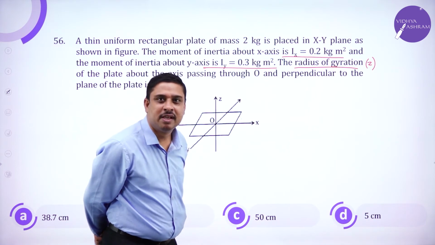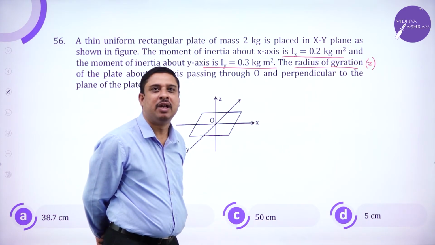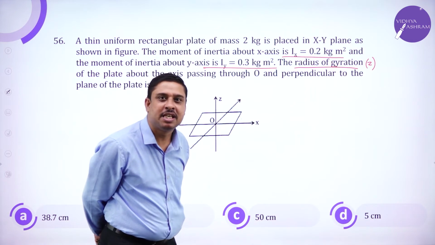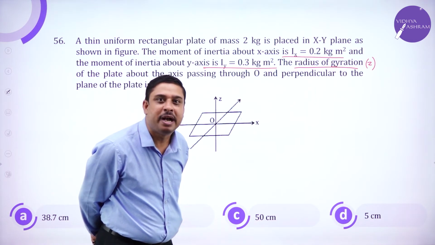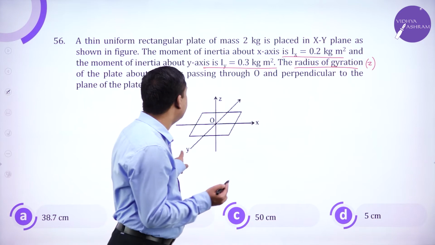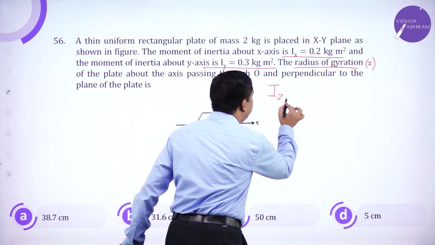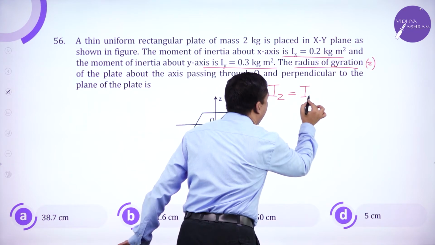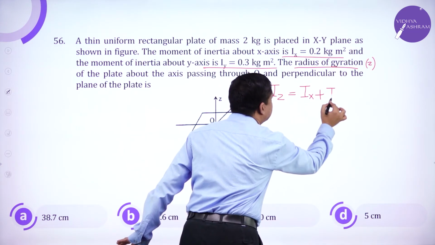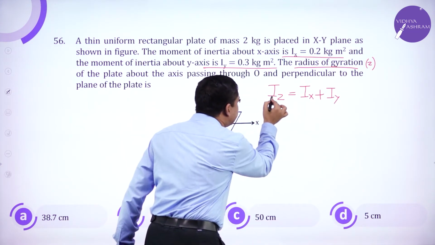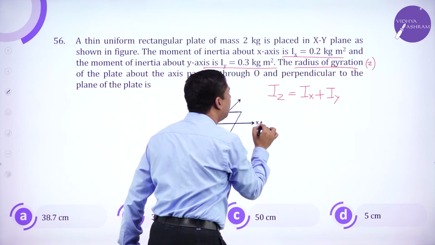So I use the perpendicular axis theorem, which says that Iz should be the sum of Ix plus Iy. This is moment of inertia.